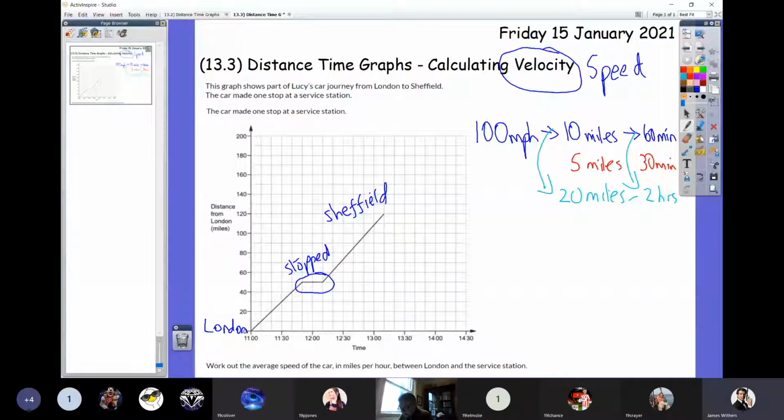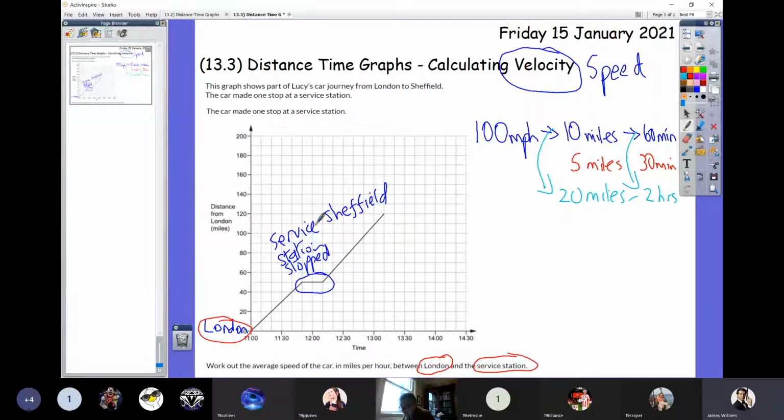Now, read the question carefully. It could be asking you to work out a number of things. Work out the average speed of the car in miles per hour between London and the service station. That's where it says stop, the service station stop. So you've got to be careful what it asks.